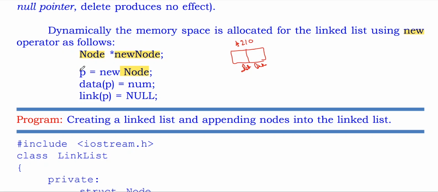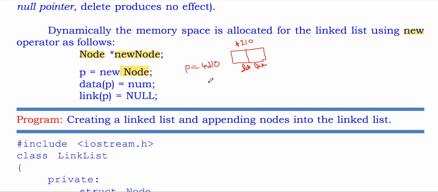What is this P now? What does P consist of? This address is copied to P. So what does P mean now? After this statement, the node is created in memory and P is initialized with 4210.